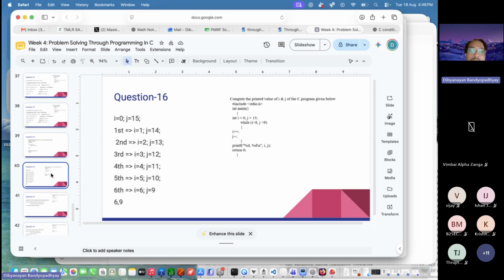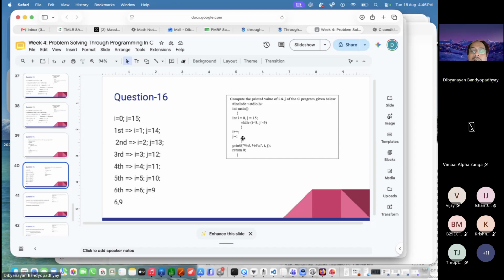You just initialize I to 0 and j to 15, and you go inside the while loop. At the first iteration of the while loop, you increment the value of I to 1 and decrement the value of j to 14, because the initial value of I was 0 and j was 15.